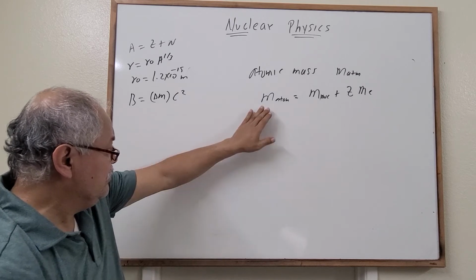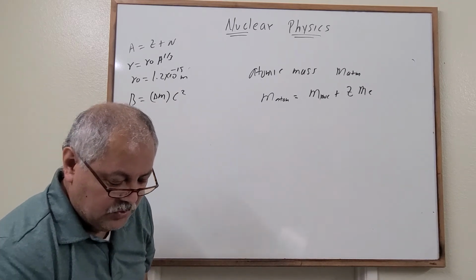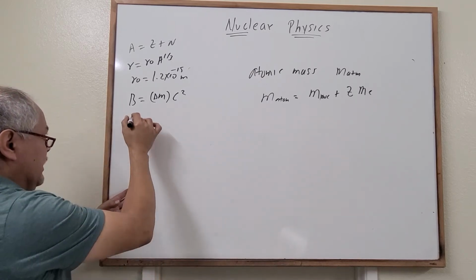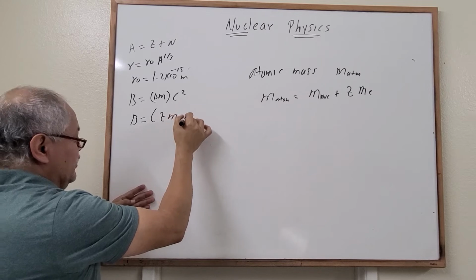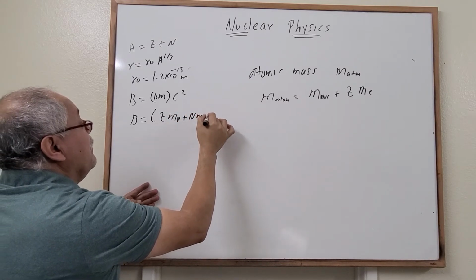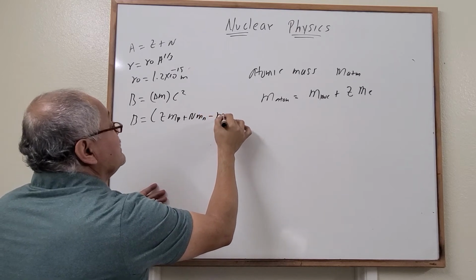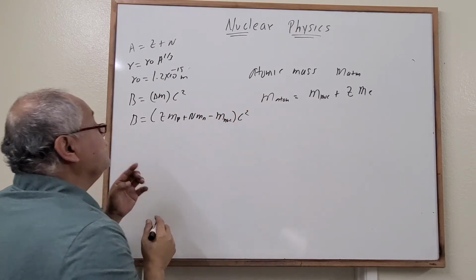Correct. Now let's use this in the previous formula. Remember the previous formula: the binding energy is equal to Z mass of the proton plus N mass of the neutron minus the mass of the nucleus, times c squared.